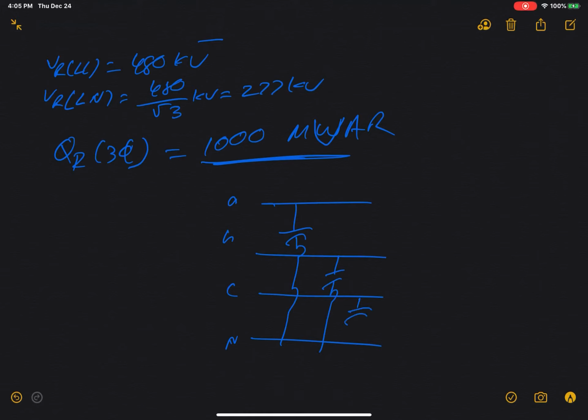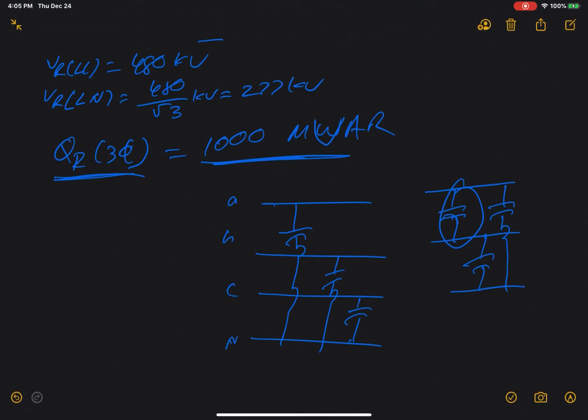Or, if you don't have a neutral, you can connect them line to line. Either way, you need to know the voltage across the capacitor to find the capacitor value, because you know this one right now. So let's do line to neutral here.